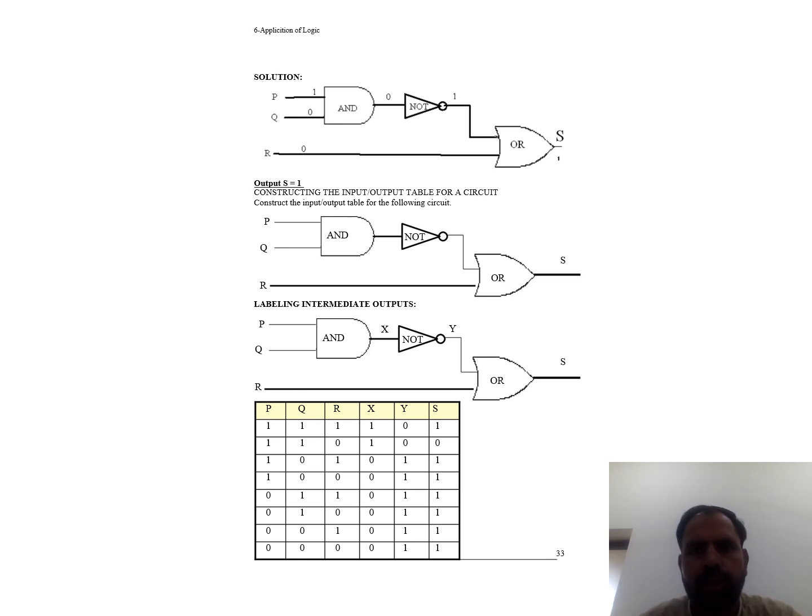And here the input is 0 into the NOT gate, so the output is the 1 signal. And if this is the 0 signal, then we have 1 and this 0. In the OR gate, the output should be 1. This will become 0 if both are zeros, this and this one will be 0.